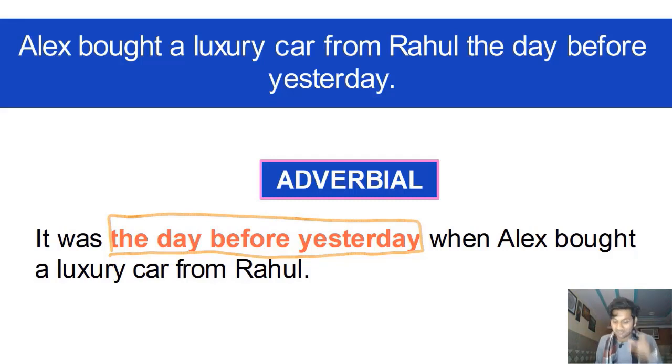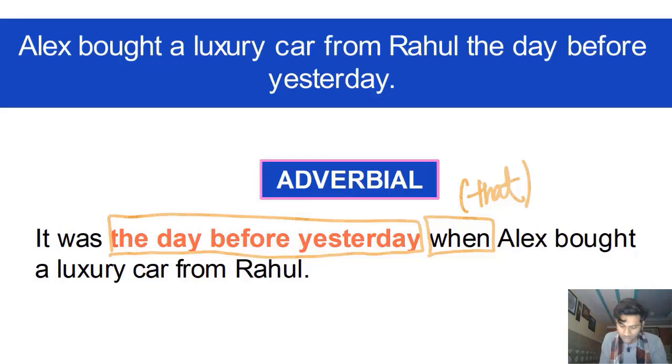So here I am focusing on the time of the action, which is the day before yesterday, which is a noun phrase. Now, note a very important point. If the adverbial is not a noun phrase but a prepositional phrase, you cannot say when. You will not use the conjunction when; you will use the conjunction that. All right, if it is a prepositional phrase.